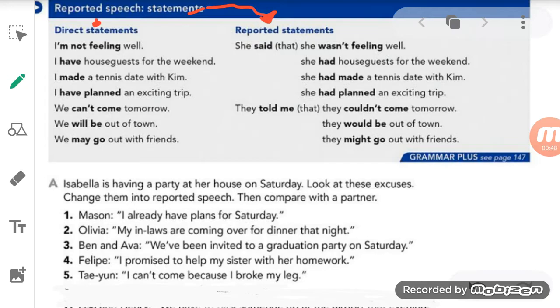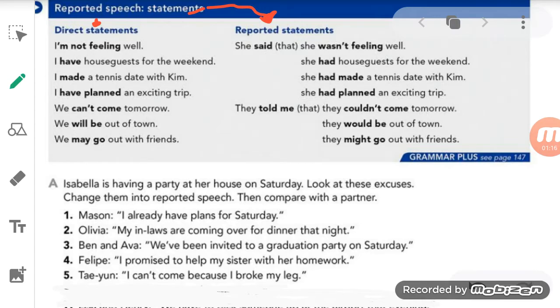For example, imagine that today you didn't go to the class. So you are talking to Esperanza, and Esperanza tells you what happened with the teacher in the classroom today. The teacher said, I am not feeling well, guys. So when Esperanza repeats that information to you, this is the structure that she is going to use.